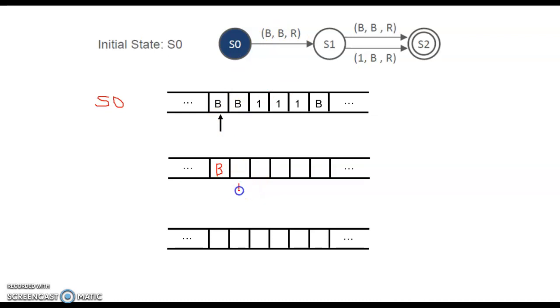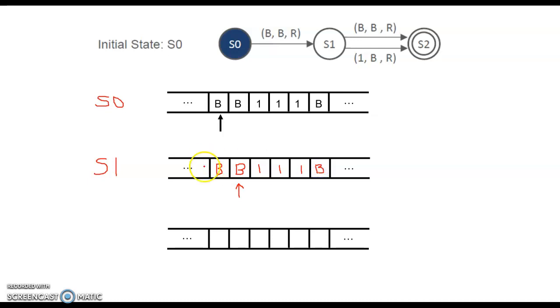So we're going to point now at this fella, and we're also going to transition from state 0 to state 1. So state 1, we're going to transition to that, and the rest of the tape will just remain the same. So we've got our other B, 1, a 1, a 1 and a B.